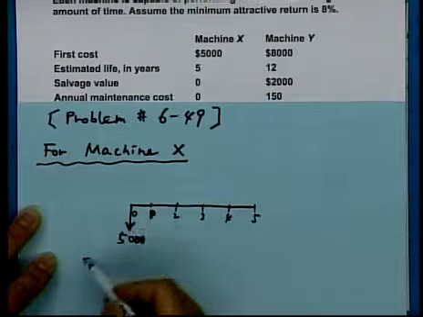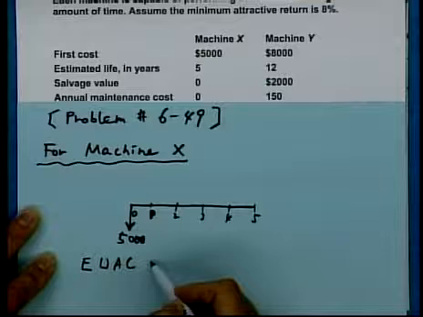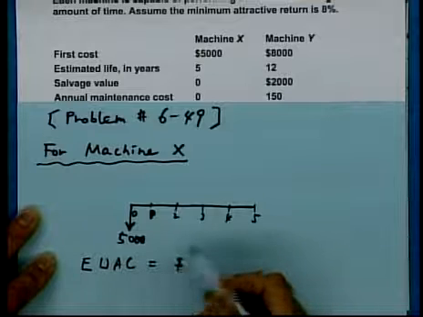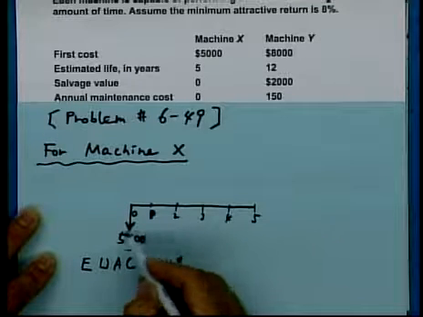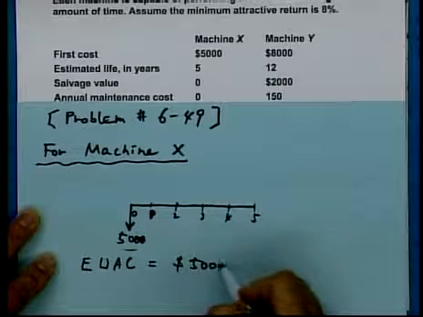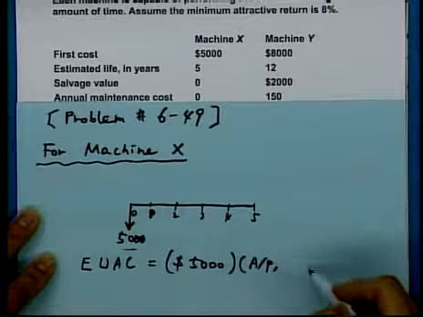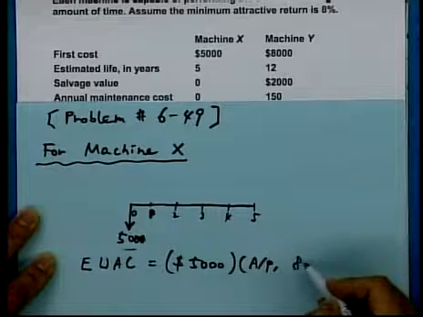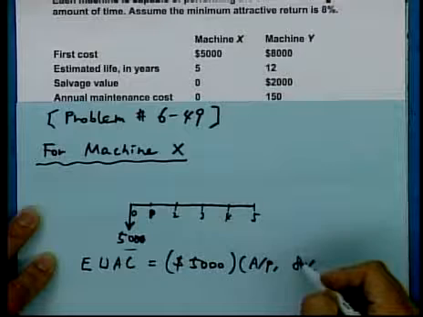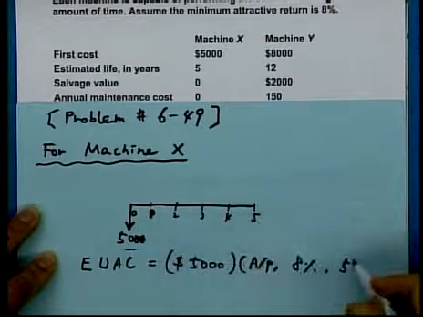So in this case, the equivalent uniform annual cost would be: you need to convert $5,000 to the equivalent uniform annual cost. So 5,000 times A given P, and we are going to use 8% interest rate over 5 periods.